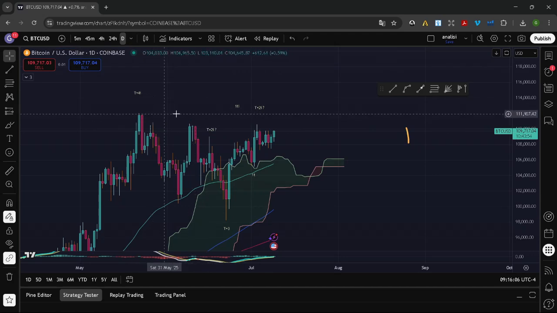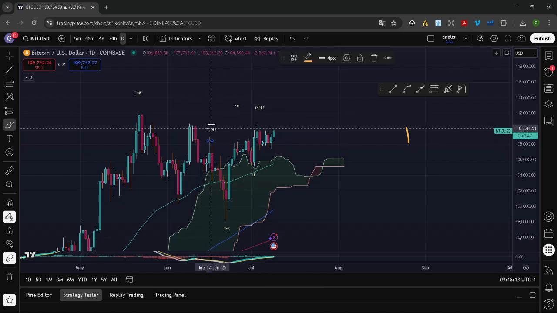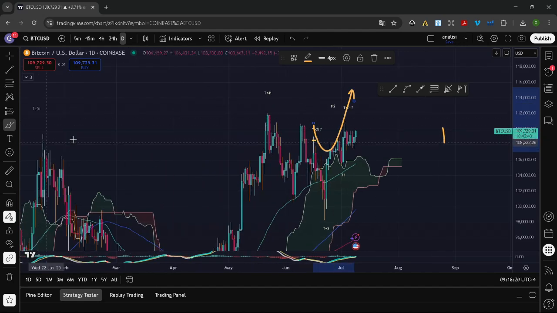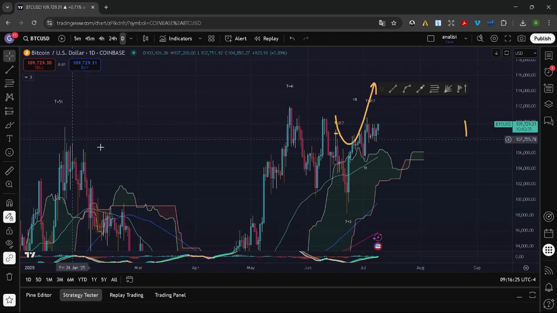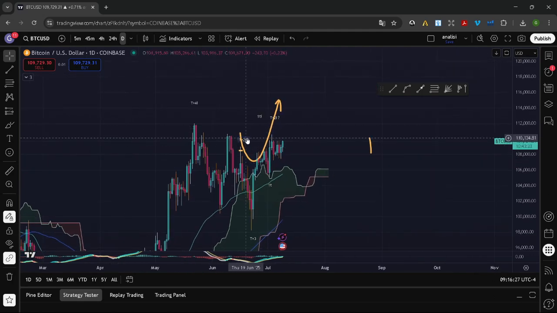For example, if the T plus 2 started here, okay, then we see we have another vinculation to update higher. So we have a vinculation in the annual cycle and a vinculation in the monthly cycle that can suggest to us to take a long operation instead of shorts. Okay, it is more sure to take a long operation.